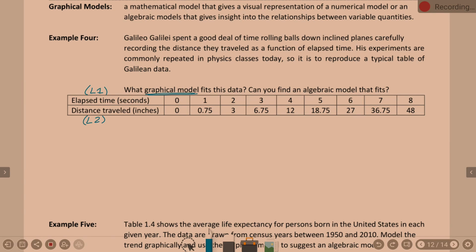Yes. 0.75. Okay, totally. Oh, I'm on a roll here. Okay. Oh my goodness. 0 through 8. Now, type the corresponding y values in the next one.